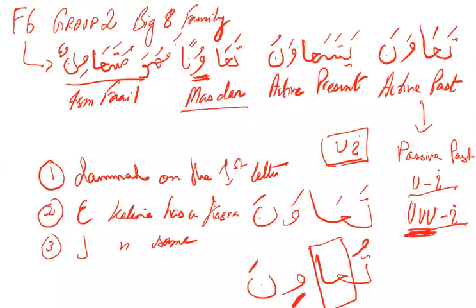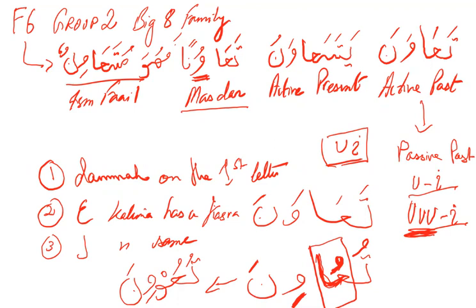So what we do is we put a dhamma on the ain as well, right? But the problem is then how can you read ua? This is not written like this in Arabic. So what they did was they change it into wow. So it is easier to pronounce. So it becomes tu'uwina.